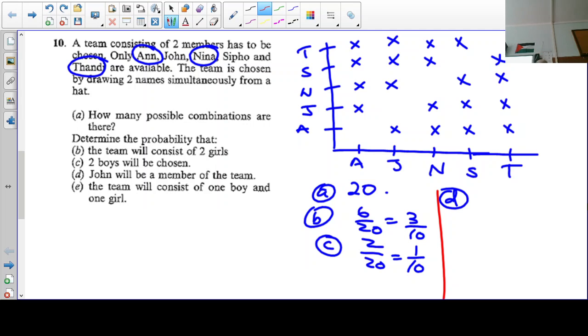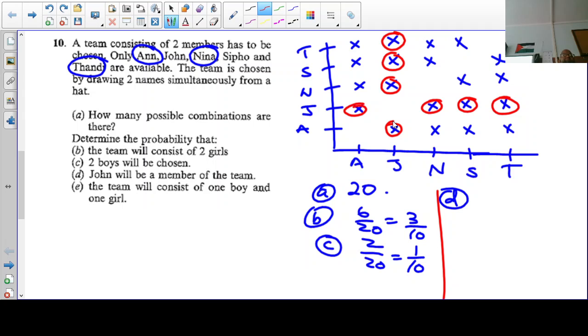If John is chosen first, he can be John and Anne, John and Nina, John and Sipo, John and Tandi. Or it could be Anne and John, Nina and John, Sipo and John, and Tandi and John.